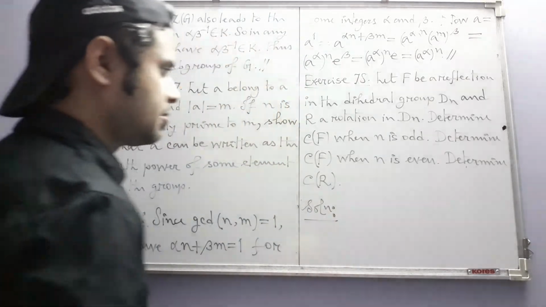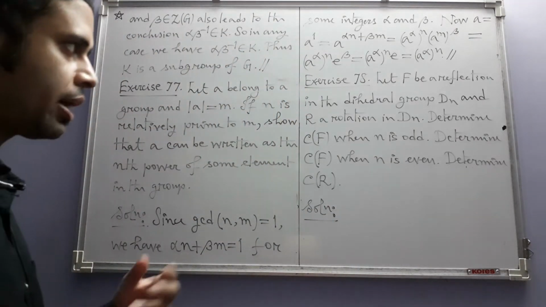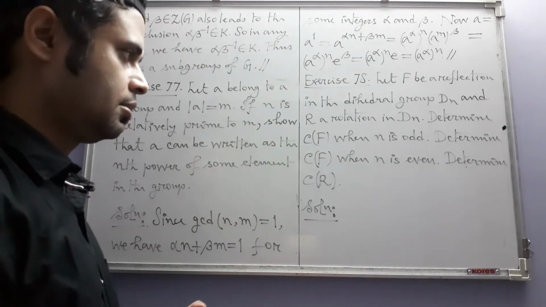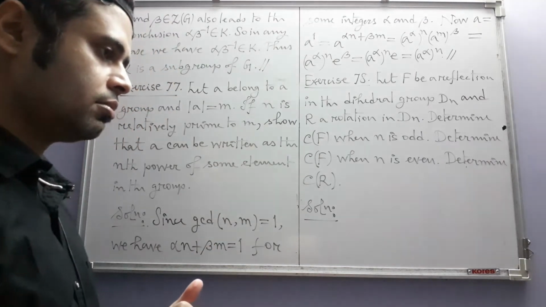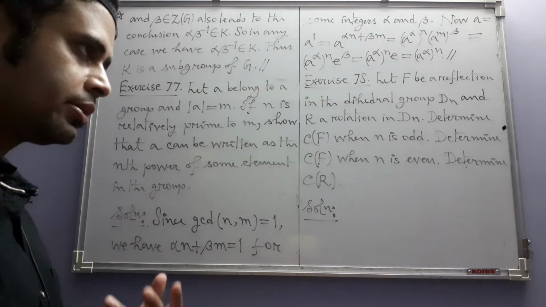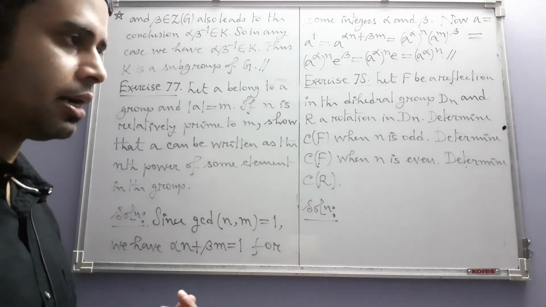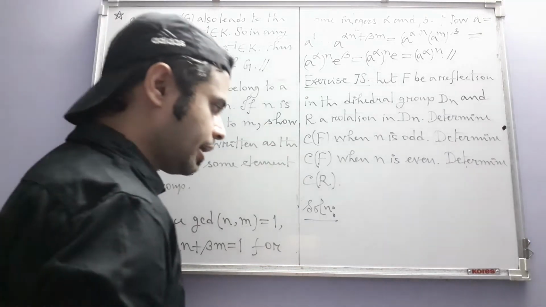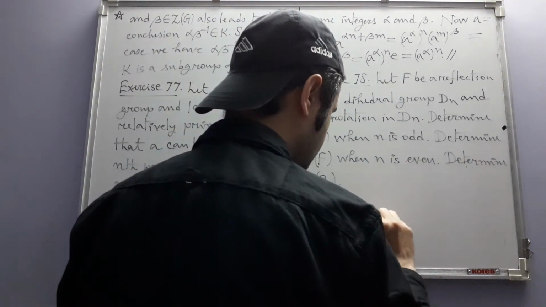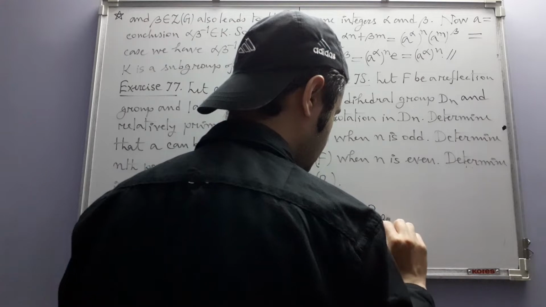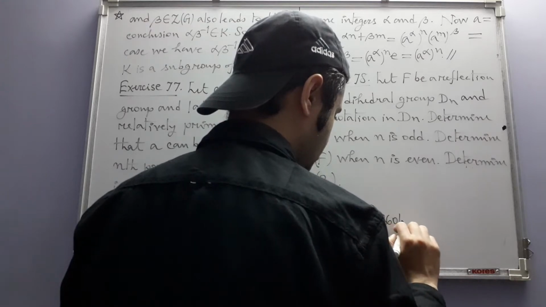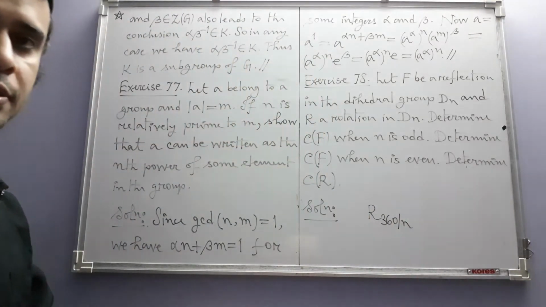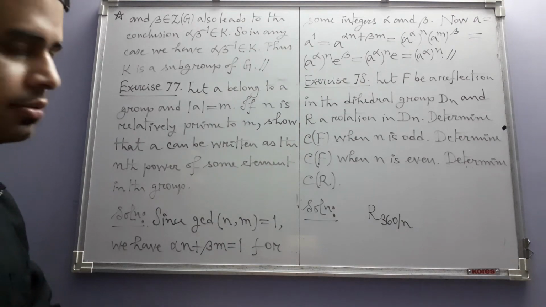So we first recall a fact about dihedral groups, that all the rotations in a dihedral group are actually generated by a single rotation, and that rotation is this, R 360 divided by n.